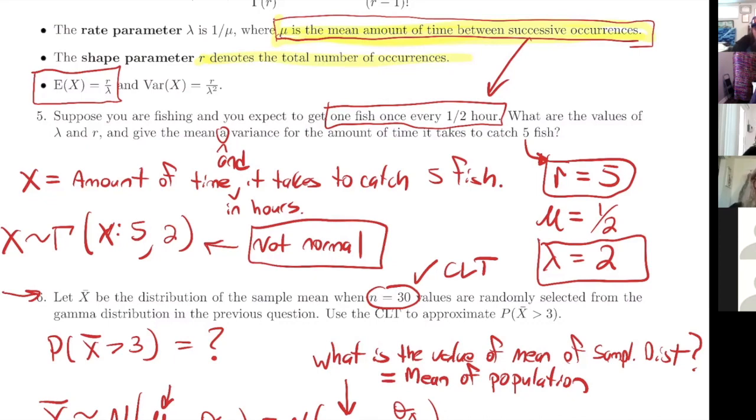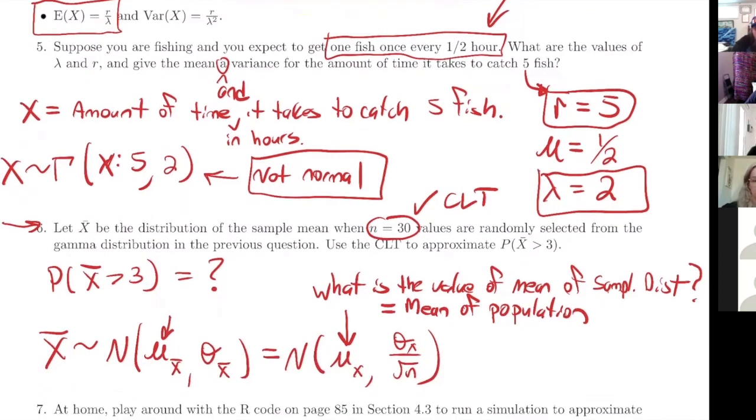So I take the shape parameter, which is the 5 fish, and divide that by lambda. Here lambda is 2. So you would expect to take 2.5 hours to catch 5 fish. That's what this is saying.